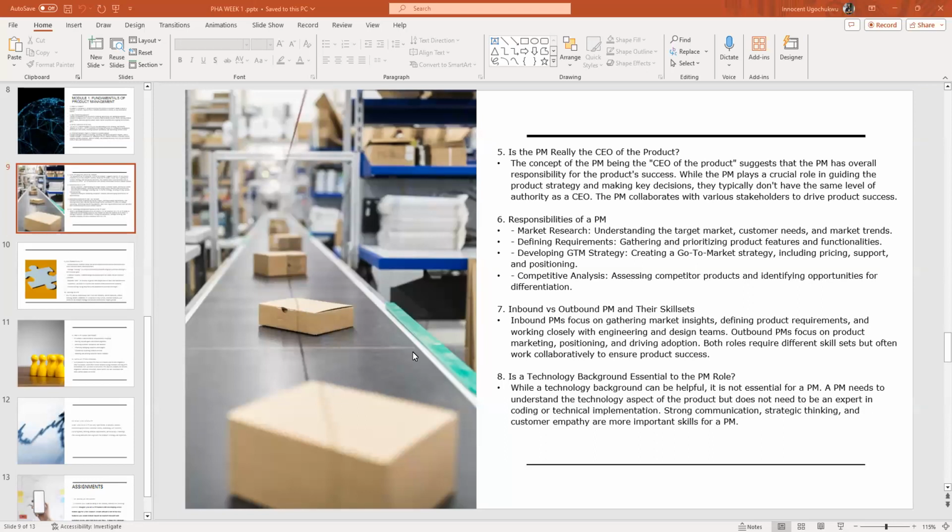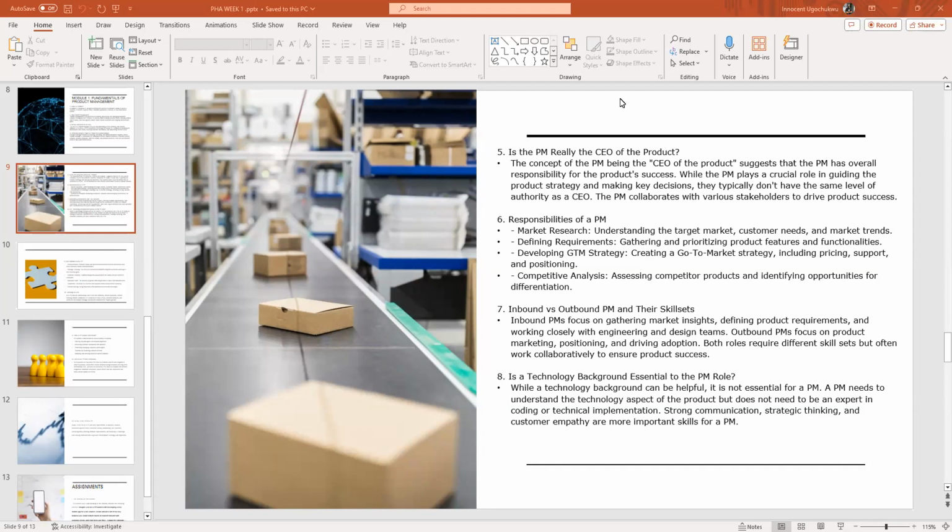So we stopped at: is the PM really the CEO of the product? There's this contemplation about the PM being the CEO of the product. Let me take you through how we explain it.